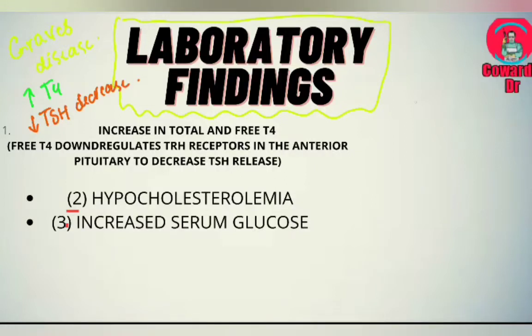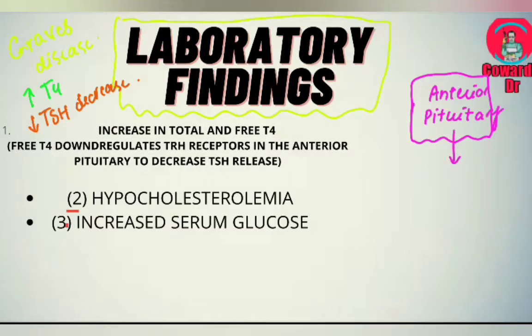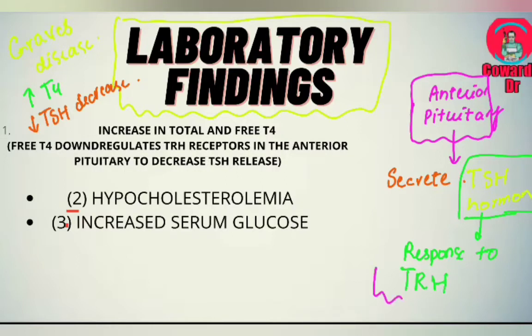Now let us recall our previous concept. Let's say this is the anterior pituitary. The anterior pituitary will secrete TSH hormone. Now this TSH hormone is only secreted in response to TRH. This TRH is thyrotropin releasing hormone.